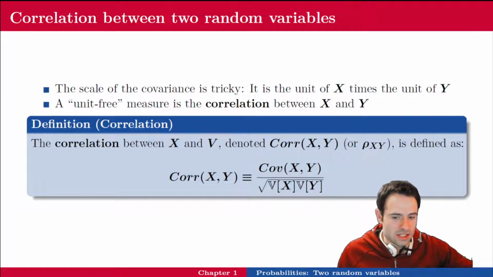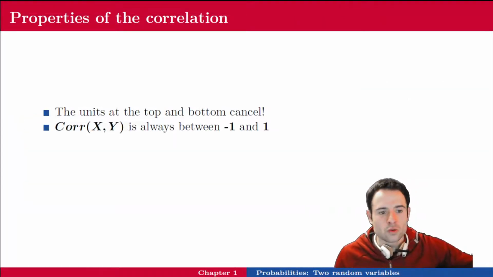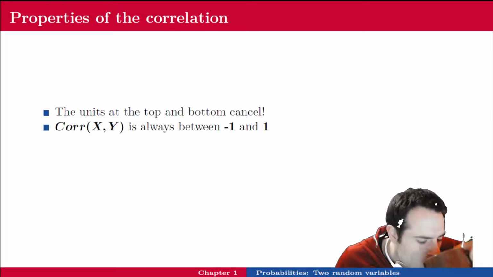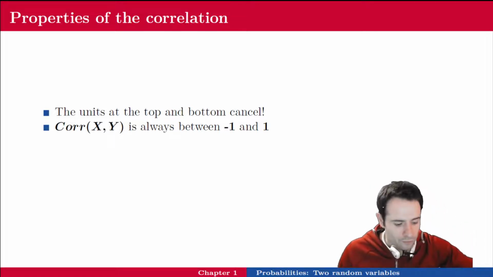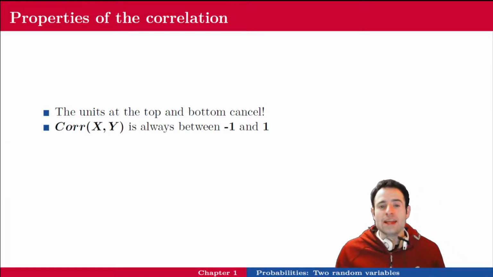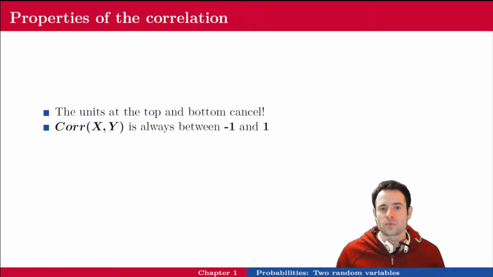And as a consequence, we also get that the correlation between x and y is always between -1 and 1. That is also an interesting feature. -1 means extreme negative linear correlation. 1 means extreme positive correlation. 0 means no correlation at all.